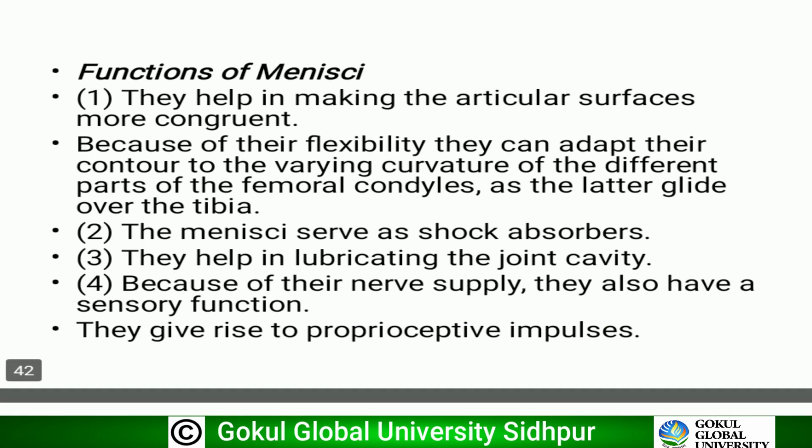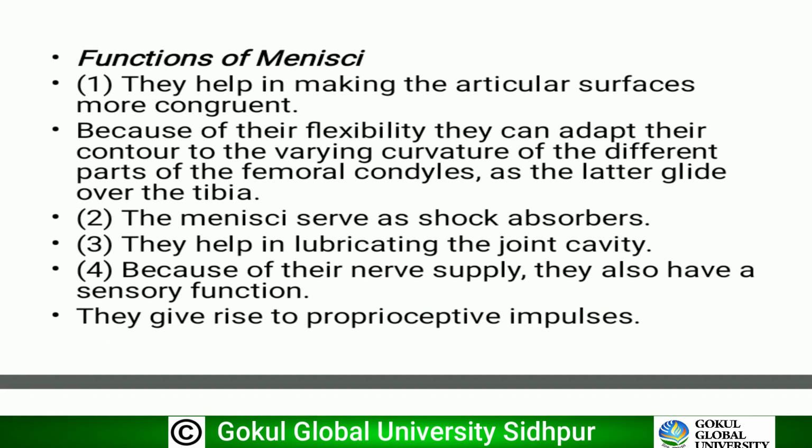Now, sometimes it can be asked to write down the function of the menisci in 2 marks. They help in making the articular surface more congruent. Because of their flexibility, they can adapt their counterpart to varying curvature of the different parts of the femoral condyles as the latter glide over the tibia.